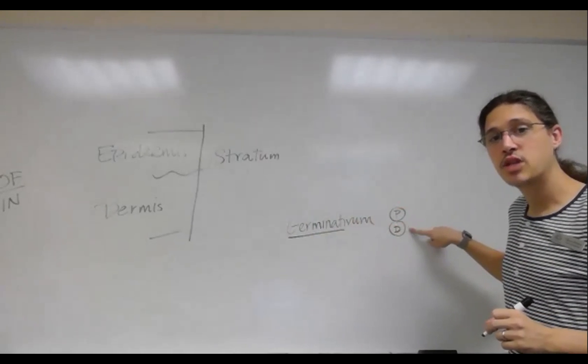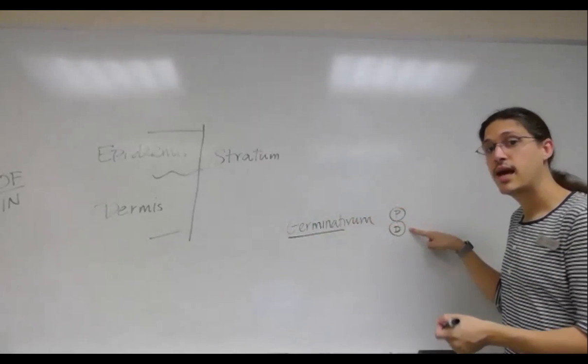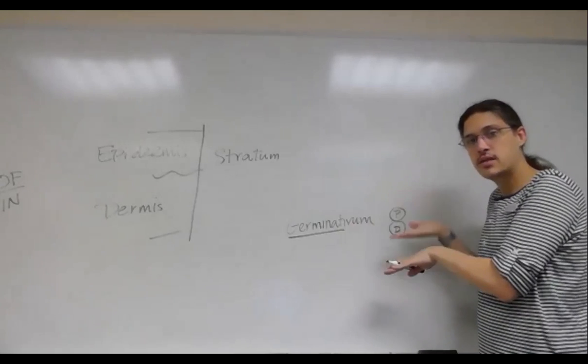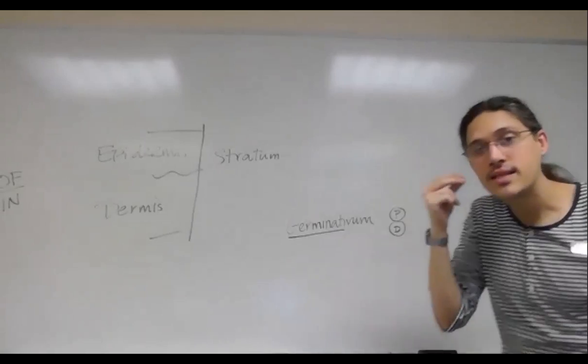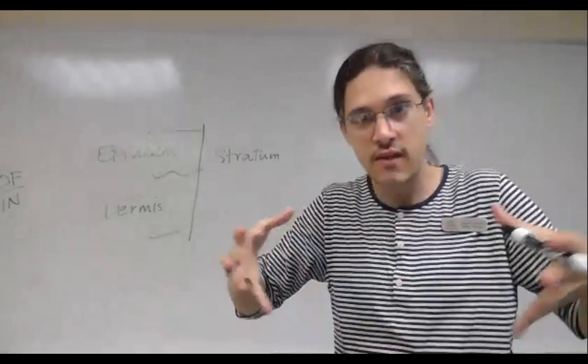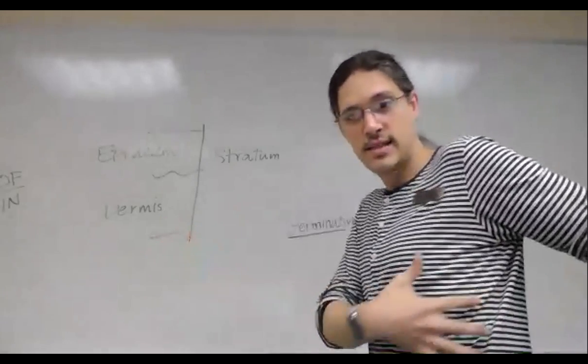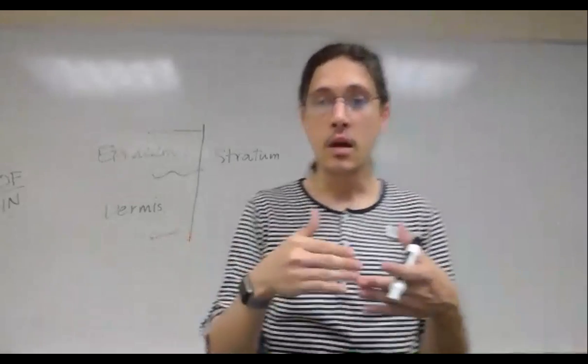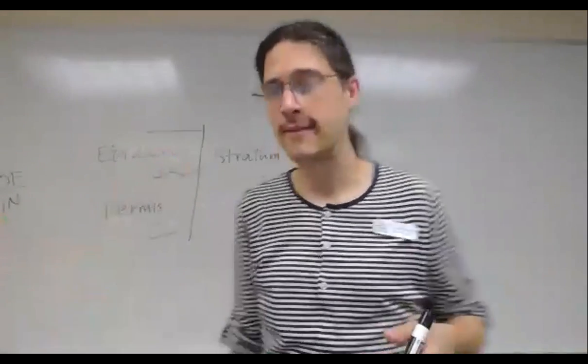Now, at some point, the daughter cells will reproduce, and then they will become the parent. Their daughters will go down, the parents shift upwards. When I say upwards, I mean in a superficial direction, to the surface of the body. So if we're talking about the side, then these guys are moving out to the side. But we are always talking about moving out towards the surface of the body.